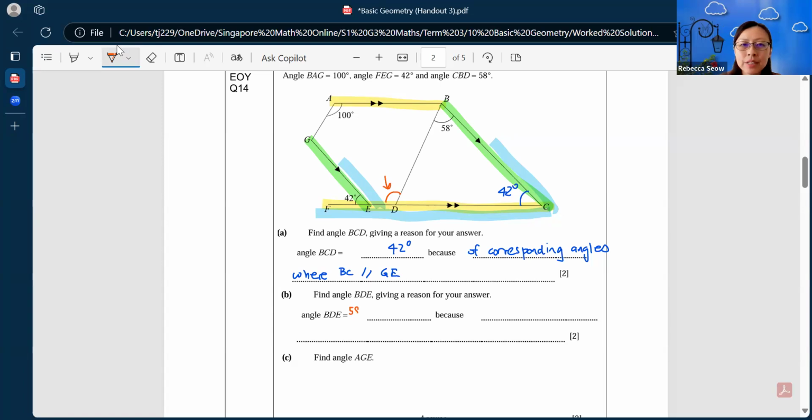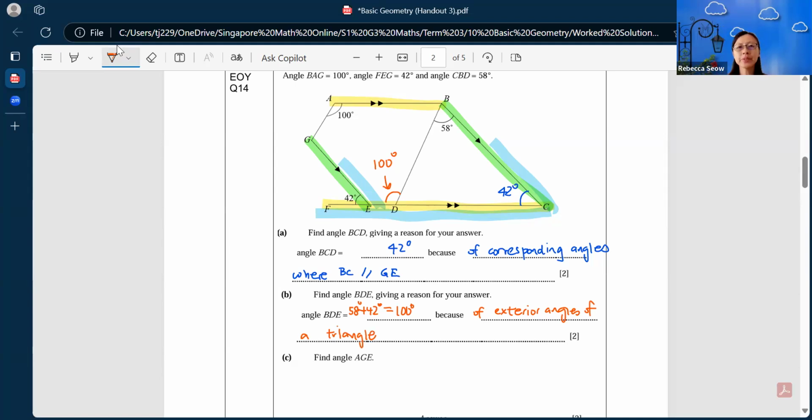So 58 plus 42 degrees will give us 100 degrees. And the reason is because of exterior angles of a triangle.